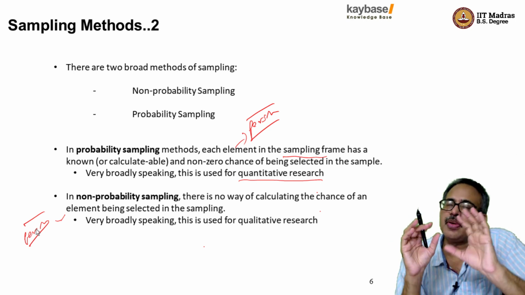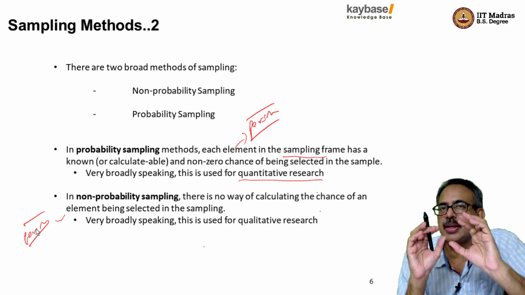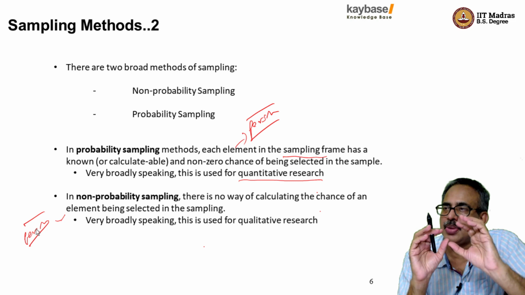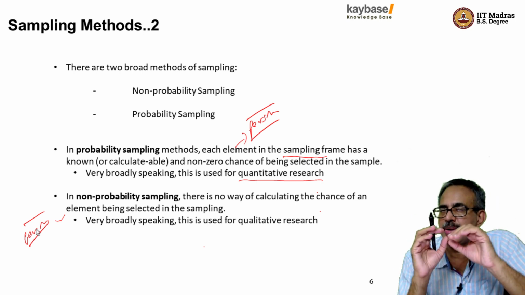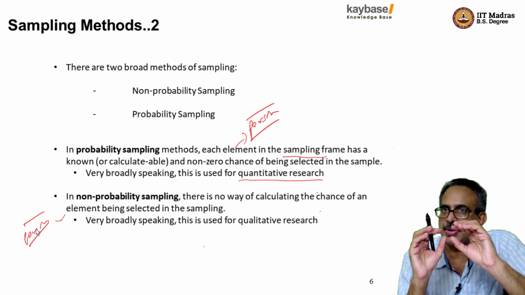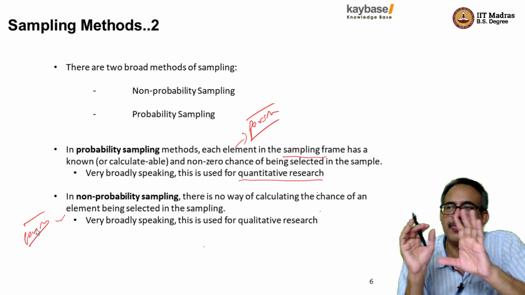So, technical definition of probability sampling is that you can calculate how likely any one person in the sampling frame is being selected. Technical definition of non-probability sampling is that you cannot calculate the likelihood of any one person being selected.